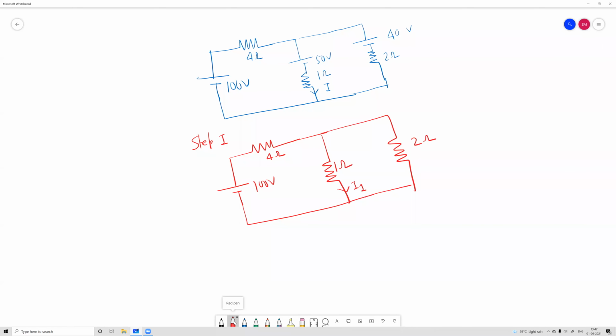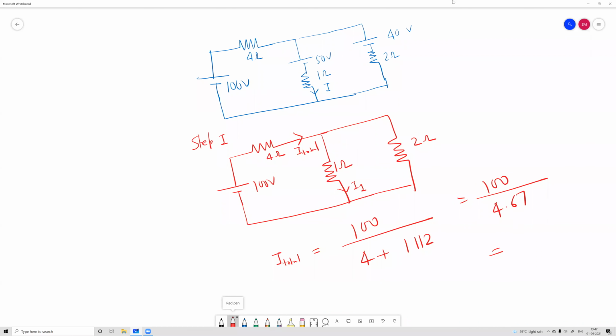So what will be the value of I1? What will be I total? I total will be 100 divided by 4 plus 1 parallel 2. Right? So this will be 0.67, so 4.67. 4.67 is 14 by 3.